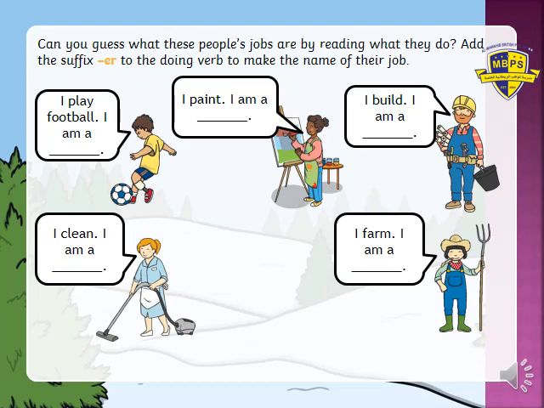I am a painter. Same like I build. I am a builder. I clean. I am a cleaner. I farm. I am a farmer. Can you think of any more jobs that end in er? Can you write a speech bubble for that job describing what they do and what they are called? This is your work to search more words by ending er words.